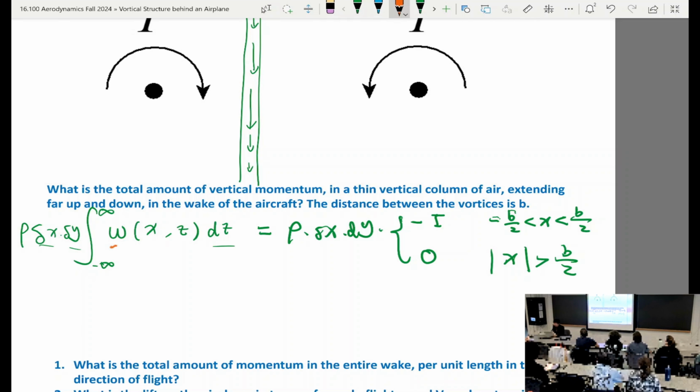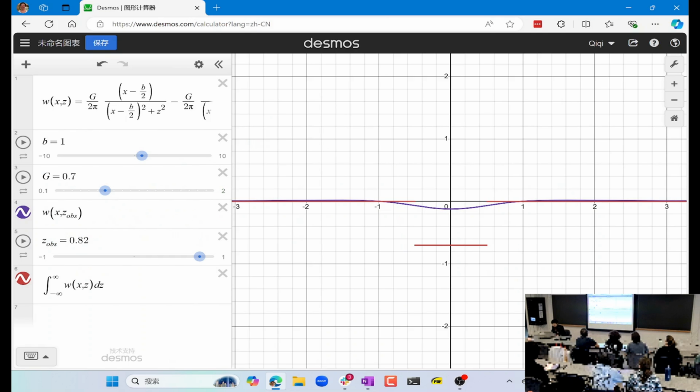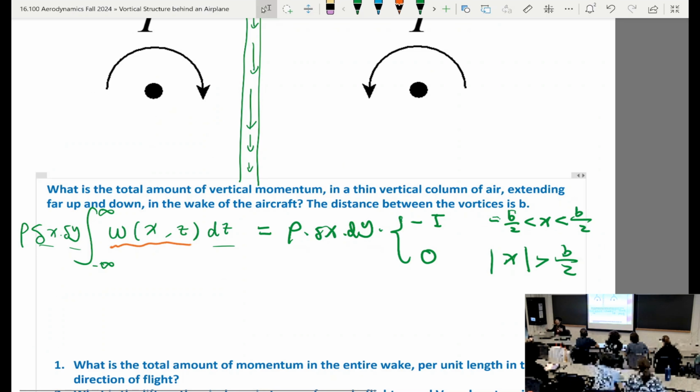First of all, this downwash is a contribution from two vortices. And we know the integral of the sum of two functions is the sum of the integrals. So let's just do this integral for one of these vortices and figure out the integration from minus infinity to infinity.